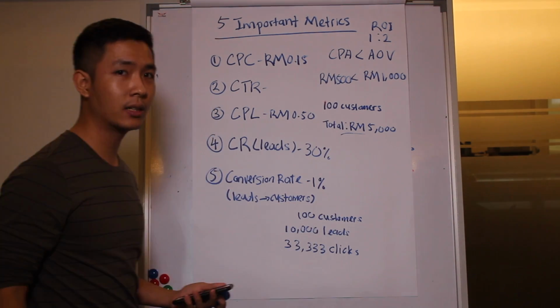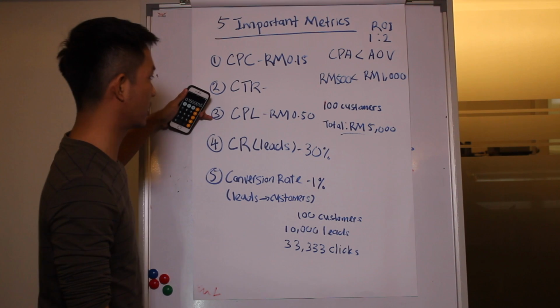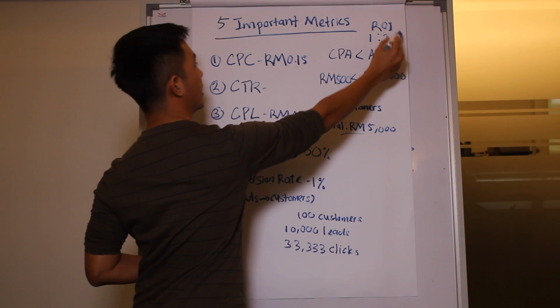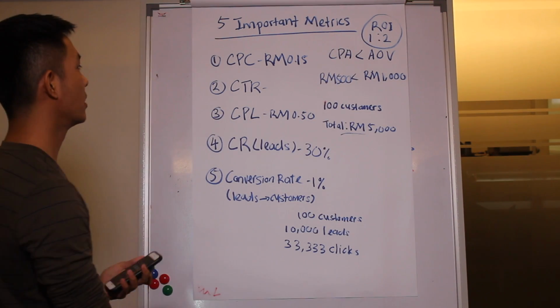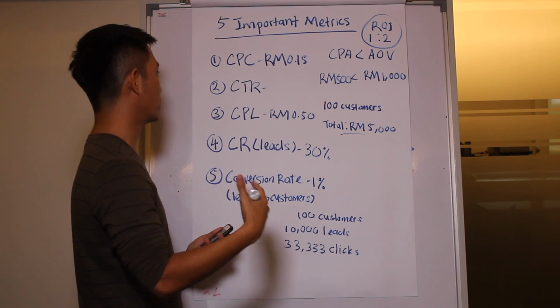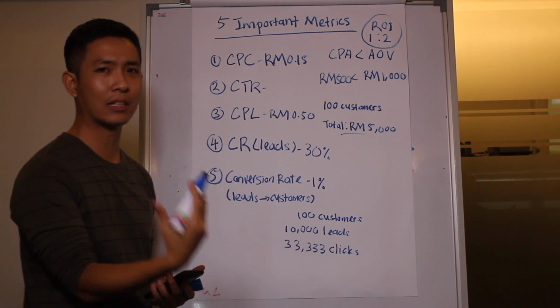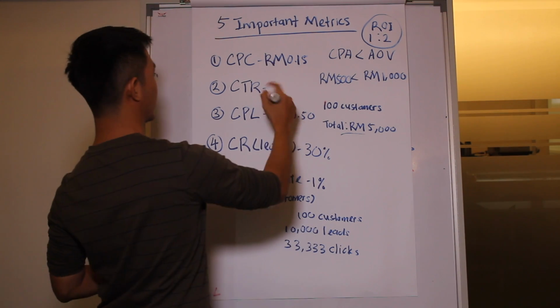Can you see what I mean here? This is the maximum cost that you can have in order to hit this ROI that you set. So CTR, normally we use that to determine the performance of your ads, whether your ads are resonating with your target audience. Normally it's around 2 to 3%.